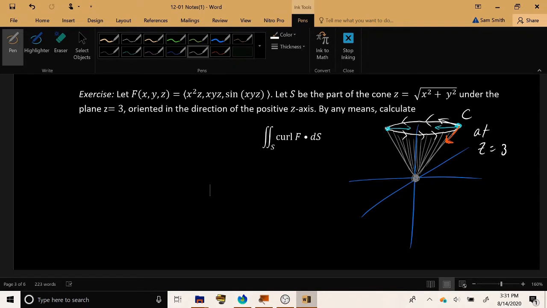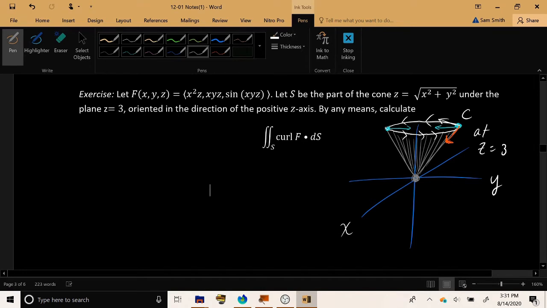Or put another way, if you put your thumb on the blue arrow and you let your index finger point toward the white arrow, then your middle finger will curl in and point toward the surface in the direction of the red arrow. So here is the orientation of the boundary curve that corresponds to the given orientation of this surface.